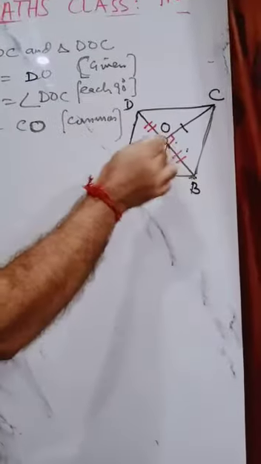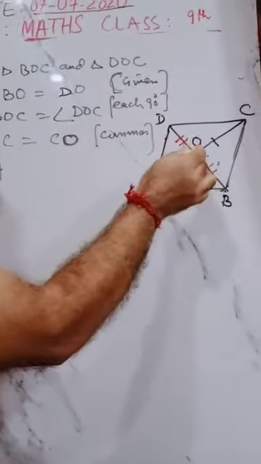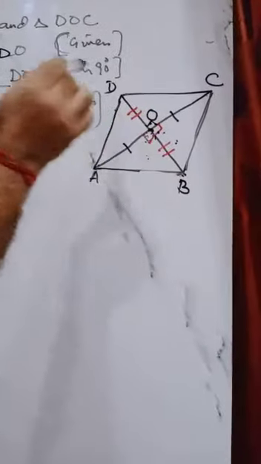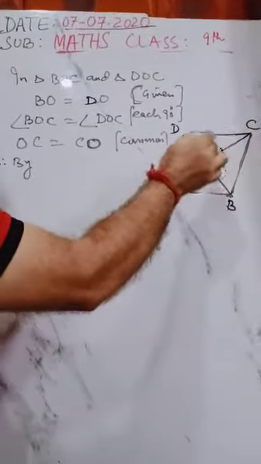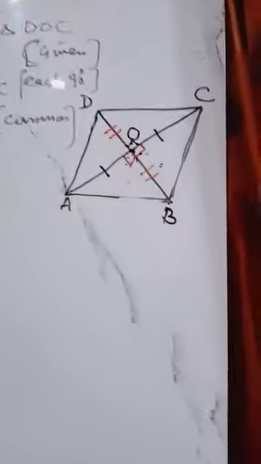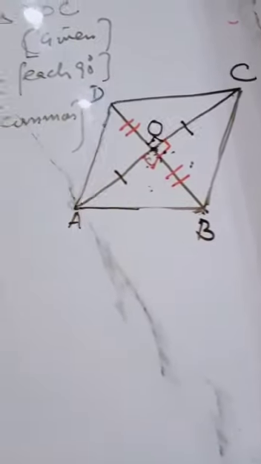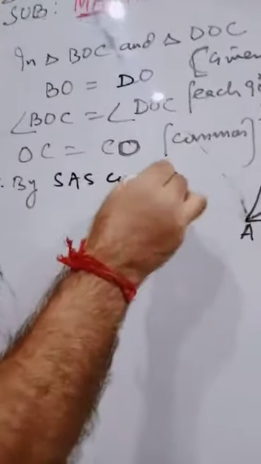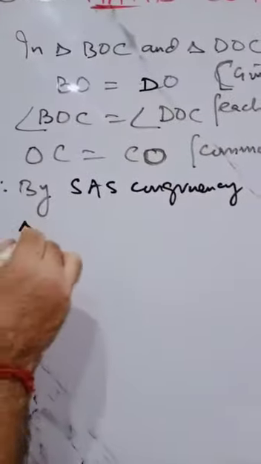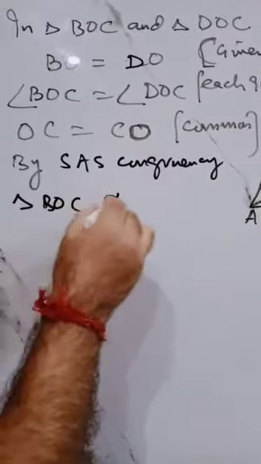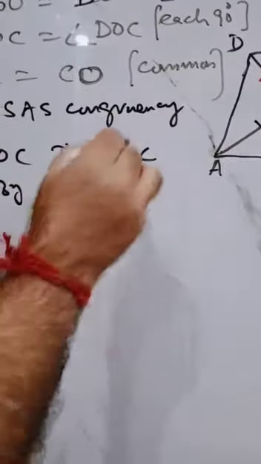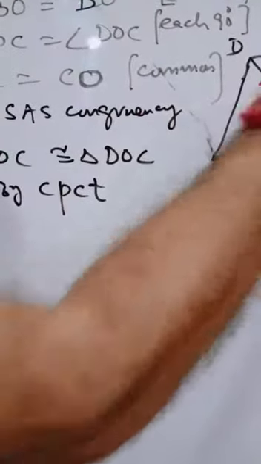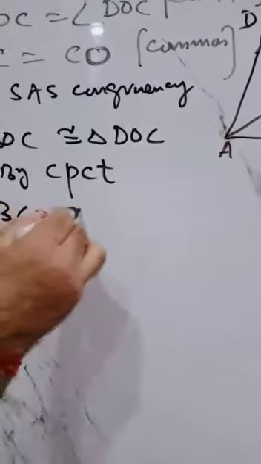These two angles are each 90 degrees, and OC and CO is the common side of these two triangles. So again by SAS congruence rule, triangle BOC is congruent to triangle DOC. Therefore by corresponding parts of congruent triangles, we have BC equal to CD.